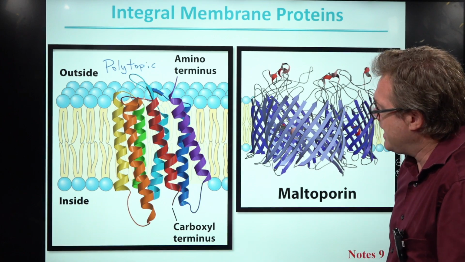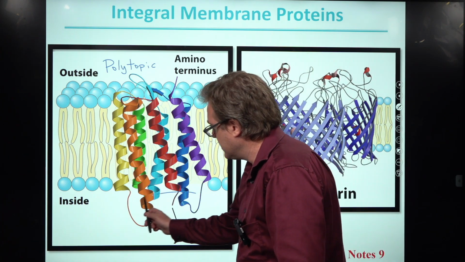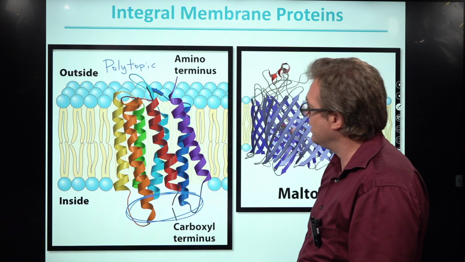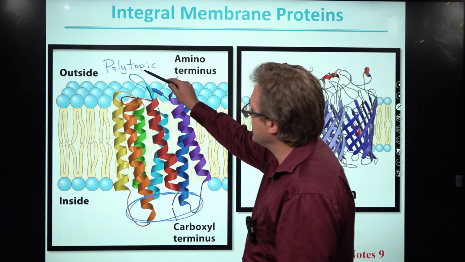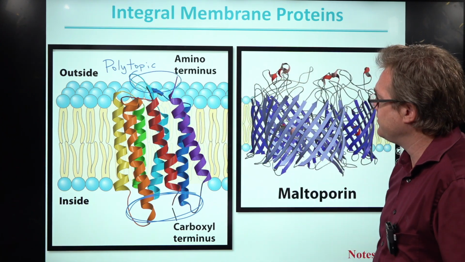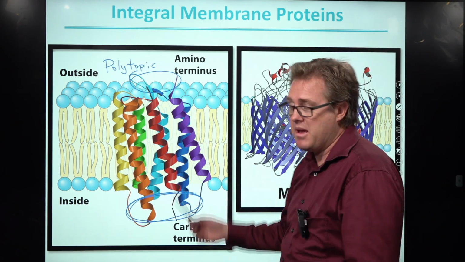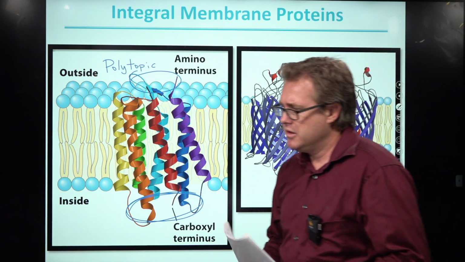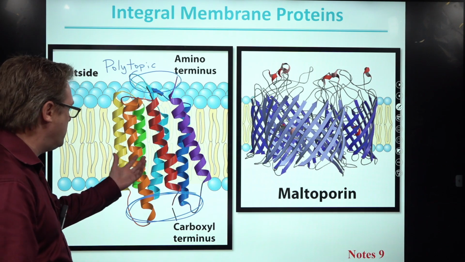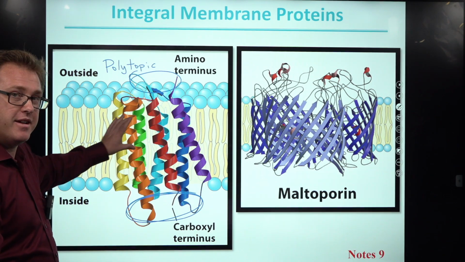And when you're looking at that protein, you see that you have some of the protein on the cytosol side, and then you have some of the protein right here on the extracellular space, and then you have a lot of the protein within the membrane. So using your intuition, what type of amino acids would you generally find that go through the membrane?